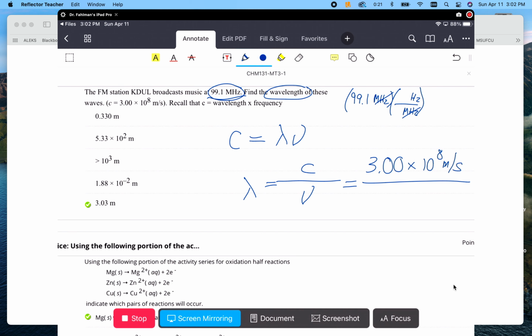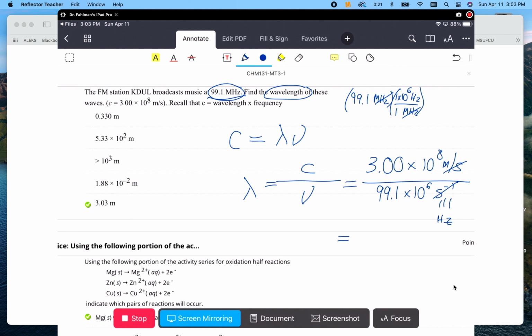A megahertz is 1 times 10 to the 6th hertz, because remember it's a kilohertz, and then a mega is another factor of 1,000 greater. I know this isn't proper scientific notation, but you can do it like this. The seconds to the -1, or hertz, cancel.